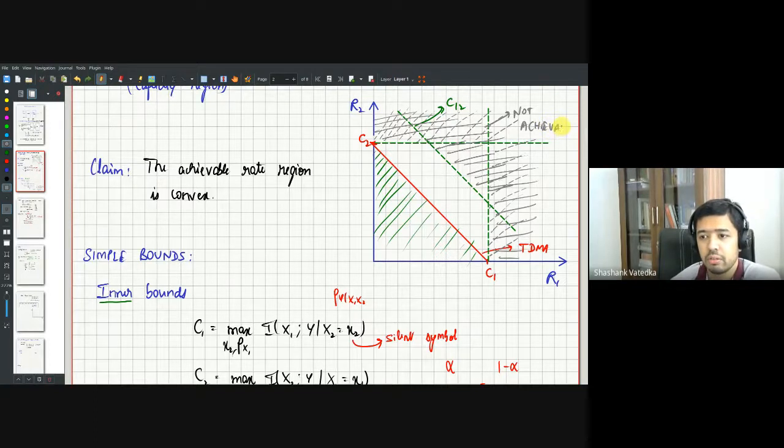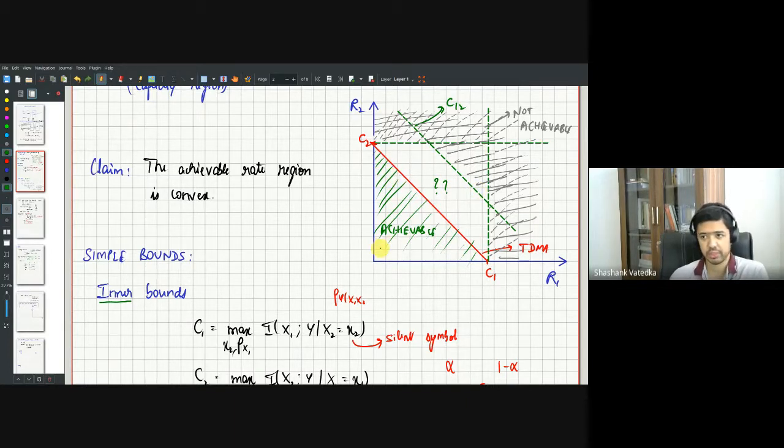Everything in the green region is achievable using TDMA. So the question is, what about in between? Are some rate pairs achievable in this region? Are some rate pairs not achievable in this region?